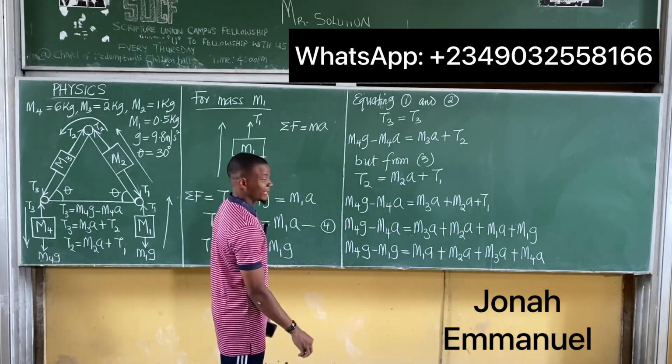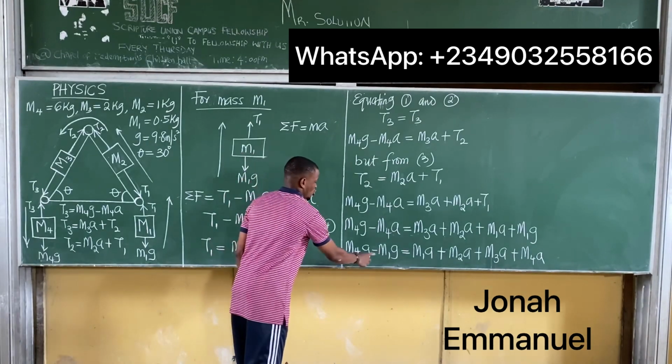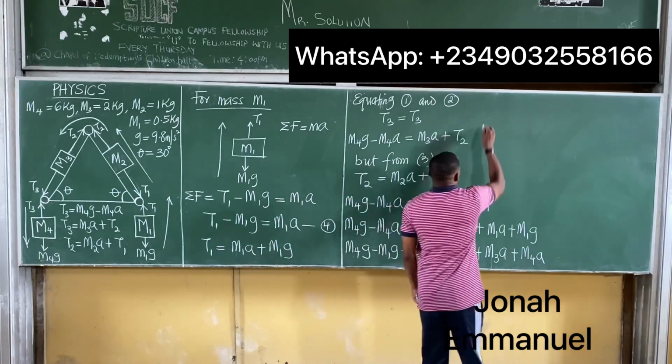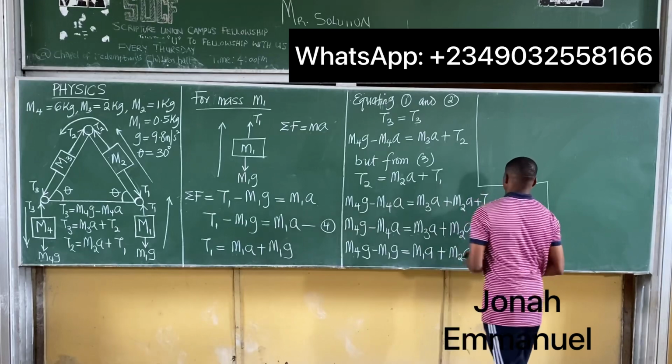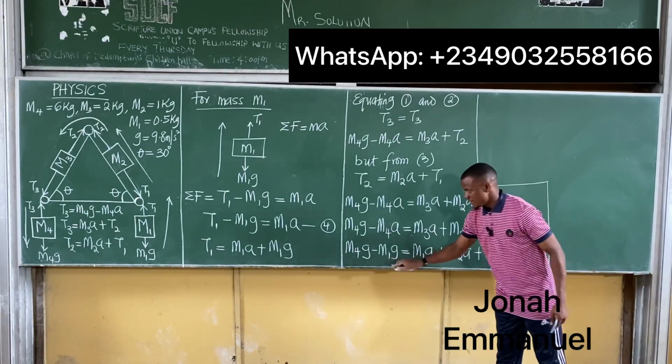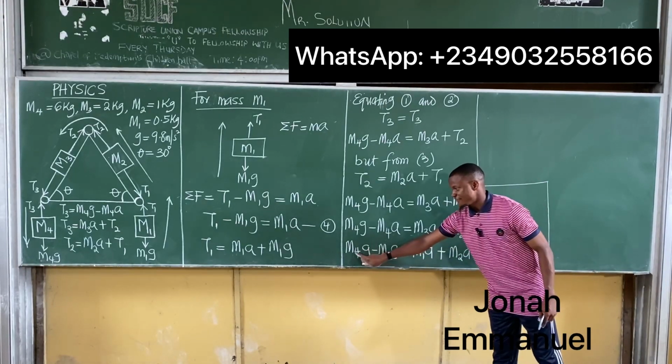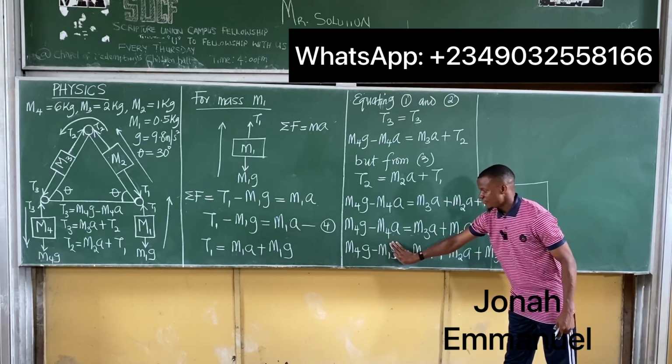And next, now need to factorize. So I can factorize G out of this. If I take G out from here, I have M4. Take G out of here, I have M1.